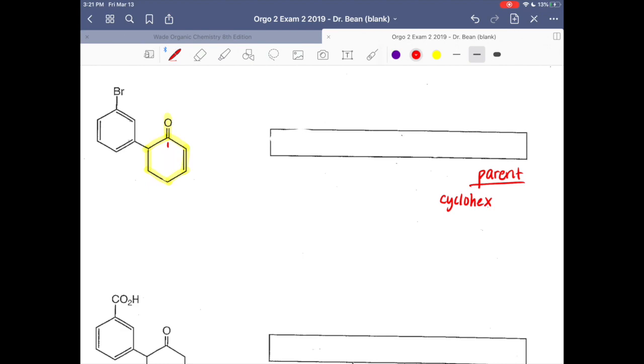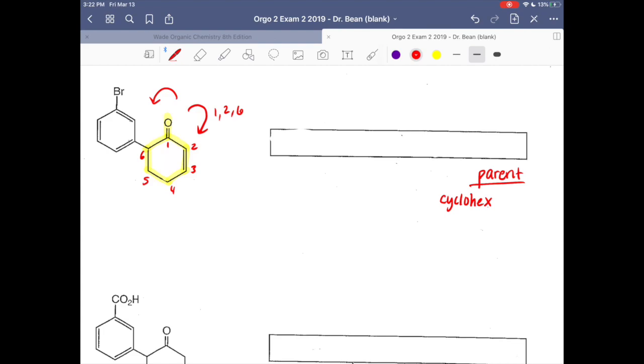So let's go back and try to figure out if we can number our ring. Are we going to number our ring clockwise, or are we going to number it counterclockwise? We have these two options of how we want to go about the ring, okay? Let's say that we're going to go clockwise. If we were to go clockwise, then our numbering would be 1, double bond starts at 2. We would get 1, 2, 6.